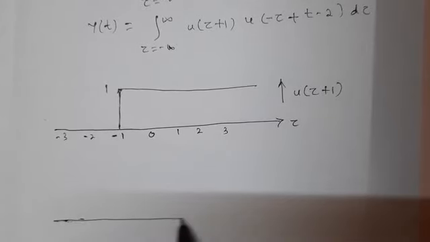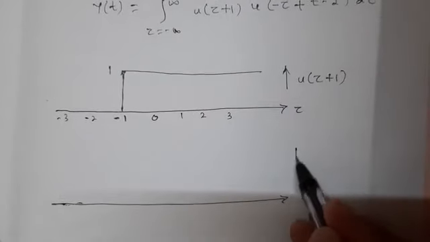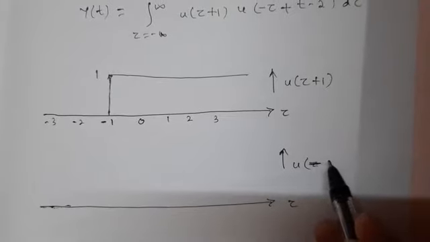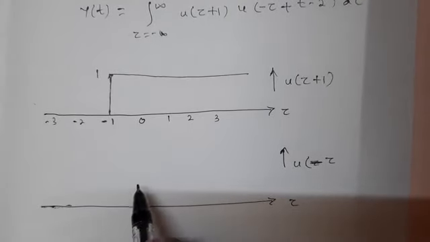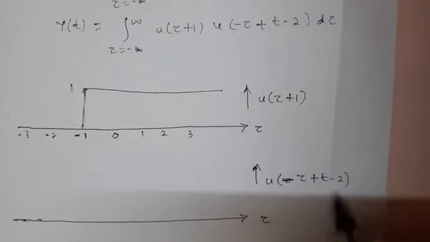So somewhere I will try to represent t minus 2. Okay, this is my x-axis, u of tau. I am trying to represent u of minus tau shifted by t minus 2.